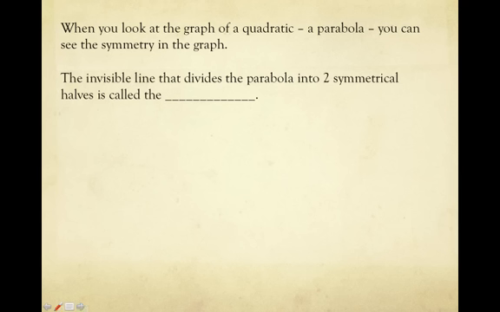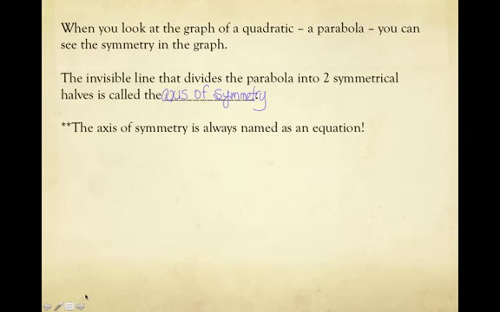So when you look at the graph of a quadratic or a parabola, you can see the symmetry. It looks the same on either side of this invisible line that divides the parabola into 2 halves, and we're going to call that the axis of symmetry. The axis of symmetry, though, is always named as an equation.